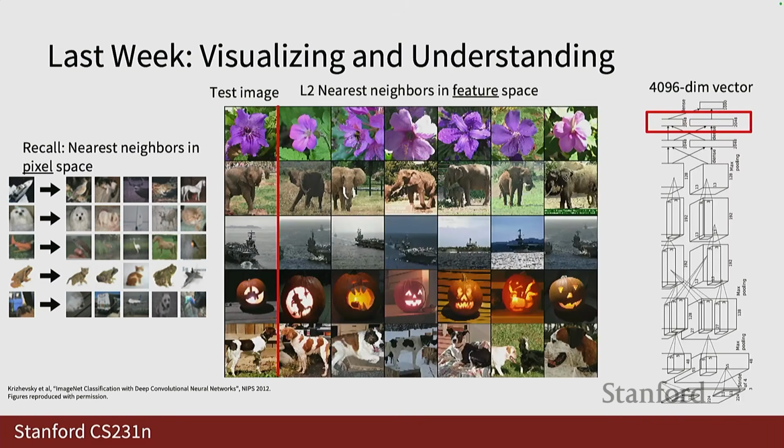And one of the things that we talked about was, if we use the embedding layers or the feature layers, one of those fully connected layers in the feature maps, from a convolutional neural network or any other network architecture that we use there, that could actually be a good representation of images.